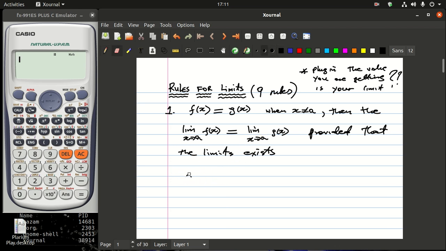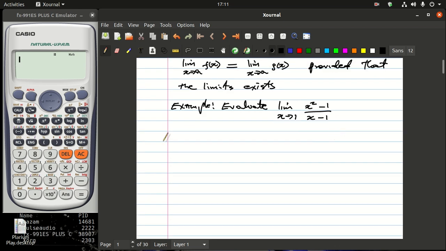Let's take just one example to see how this actually works. Evaluate the limit as x approaches 1 of x squared minus 1 all over x minus 1.